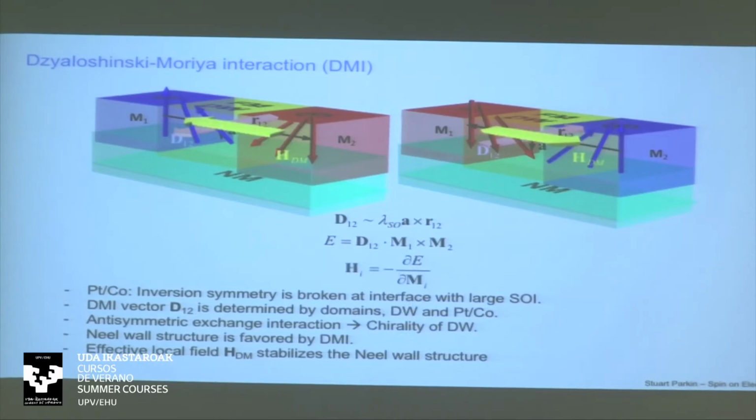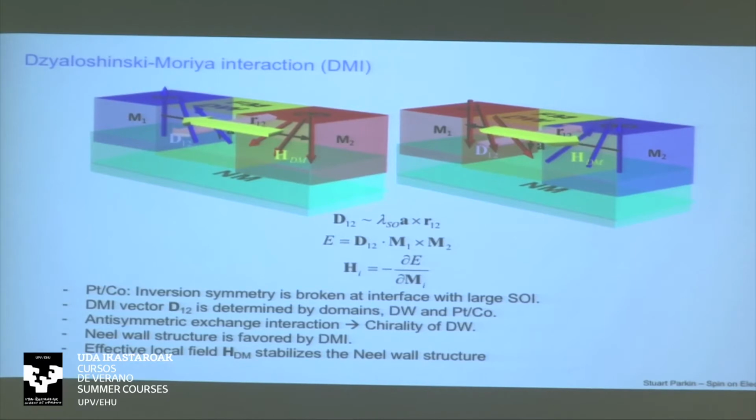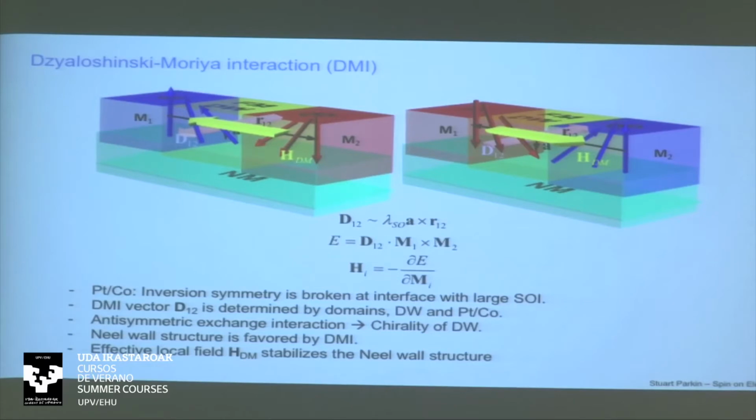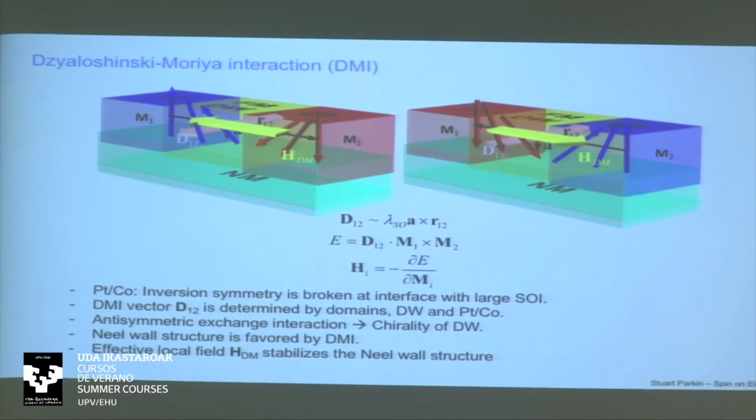And so this means in these racetracks, it looks like within the domain walls that you have some effective magnetic field, an exchange field. And this exchange field changes direction from one domain wall to the next domain wall, so that the domain walls will be Néel-like because this exchange field is along the racetrack perpendicular to the domain walls.